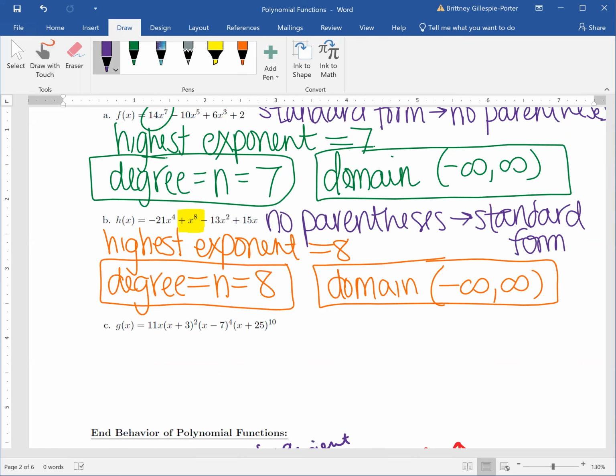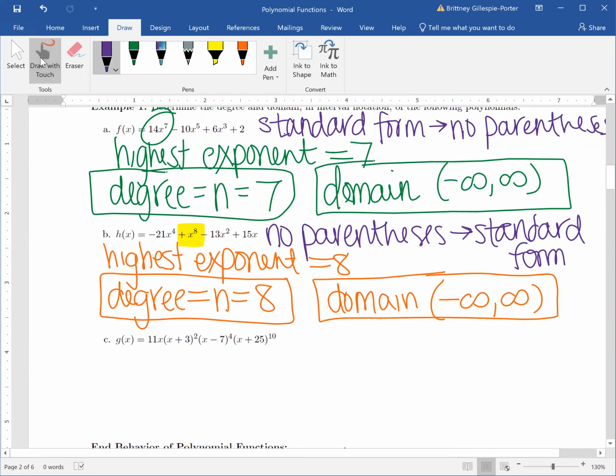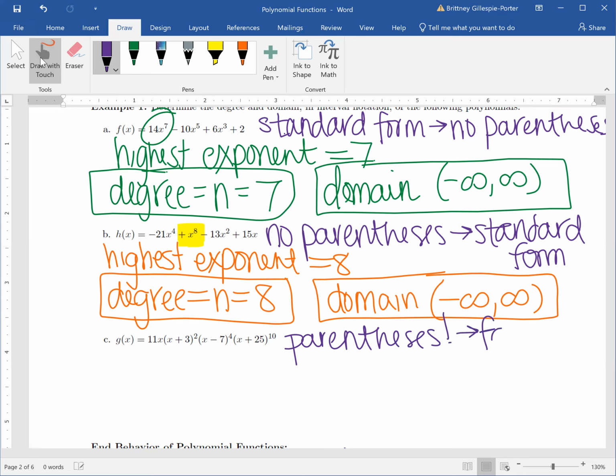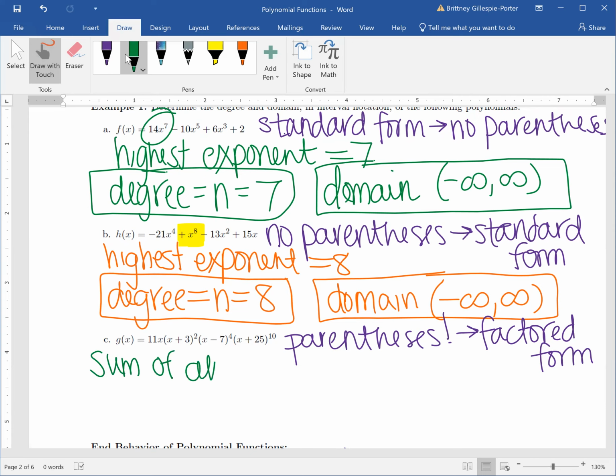One more example. Part C. Have to ask, do you have standard form or factored form? Here, because we have parentheses, parentheses means factored form. So with factored form, to find your degree, we're going to take the sum of all the exponents on the variables.